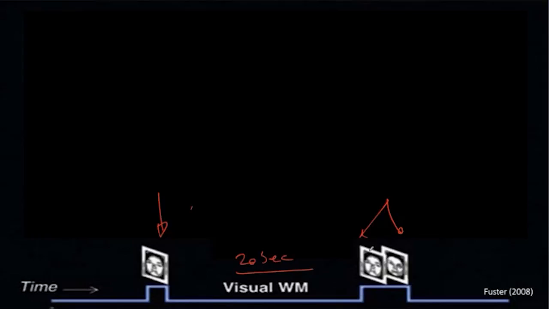Let's say they have seen this one but not this one, and they are supposed to tell us which one has been presented before. So that is a classic visual working memory task, and we are going to explore how the brain responds to this process.